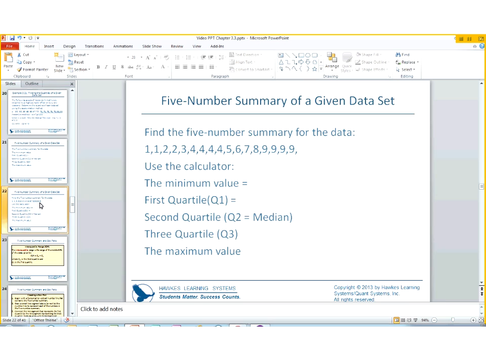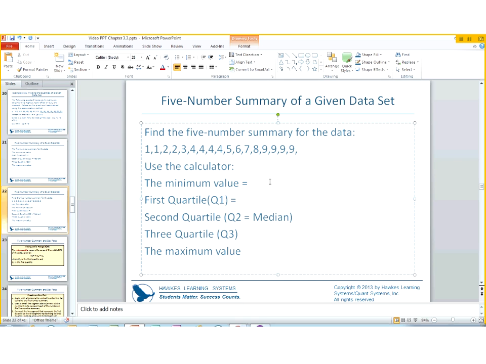Then you go to Stat again, arrow over to Calculate, hit Enter and Enter again. What you're going to find is your minimum value is 1, your first quartile is 2.5, your median is 4, your Q3 is 8.5, and your max value is 9.